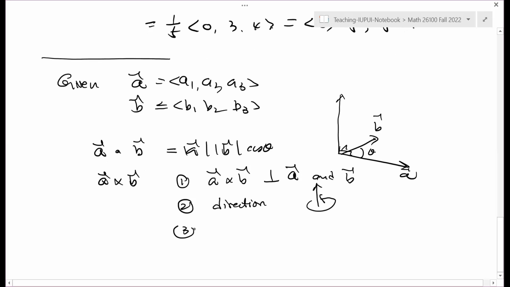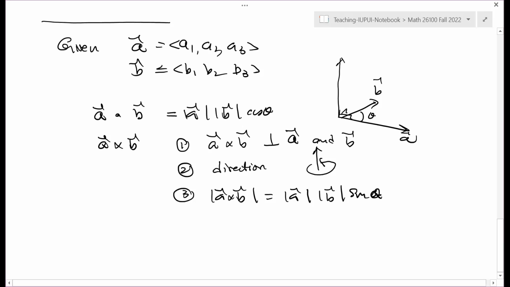Okay, the third one is the length. You have to determine the length. The length is going to be |A||B| sine theta.